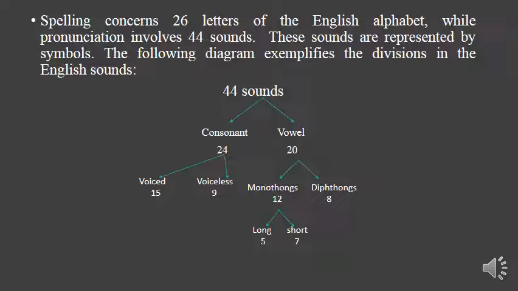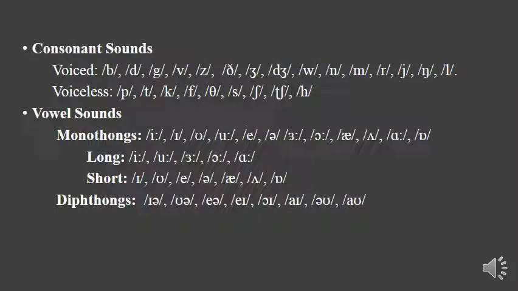You can see that in seat we have a long vowel, right? In sit we have a short vowel. For example, sit on your seat. Okay, these are the examples of the sounds we have in English.